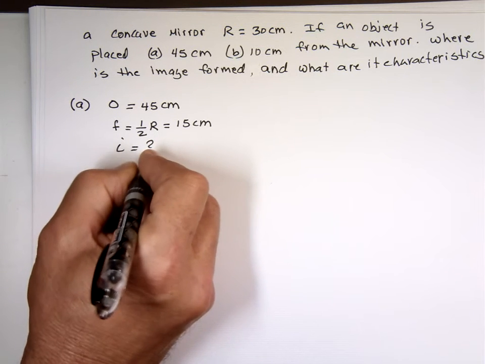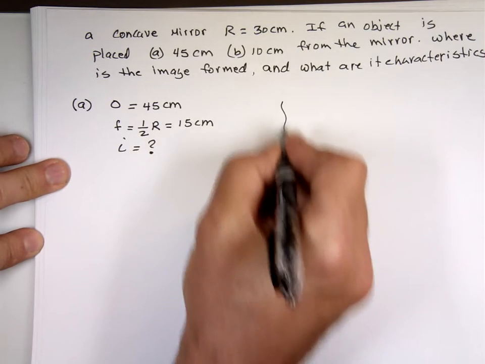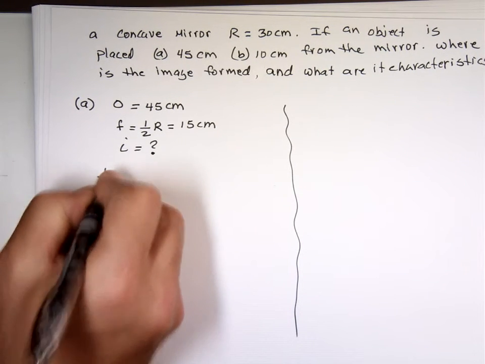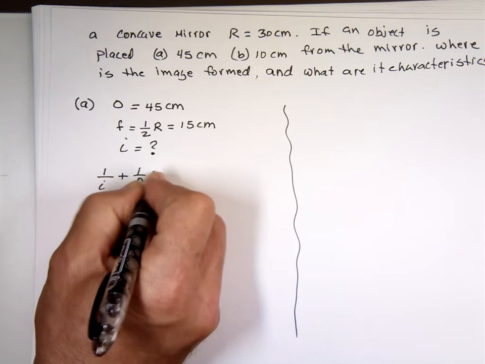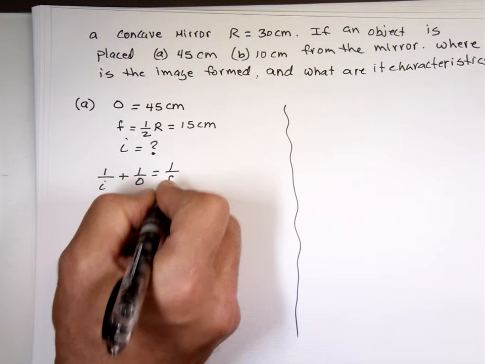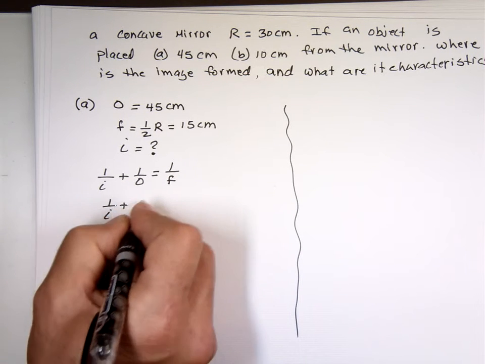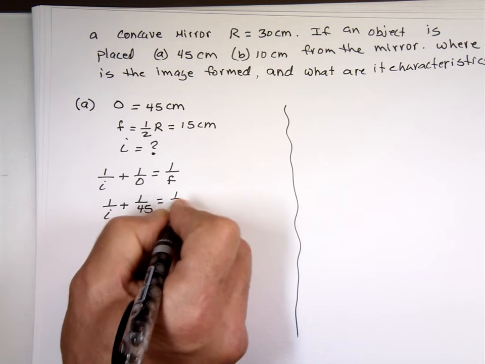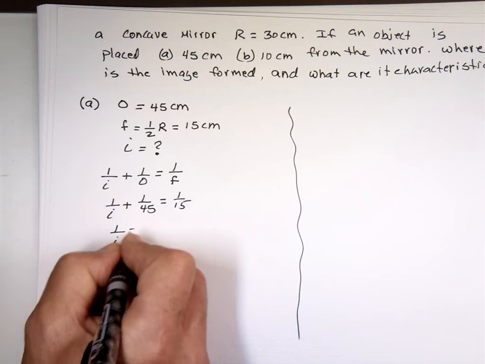This is part A. I'll do part B right there. 1 over i plus 1 over o equals 1 over f. 1 over i plus 1 over 45 equals 1 over 15. 1 over i equals what? 1 over 15 minus 1 over 45.